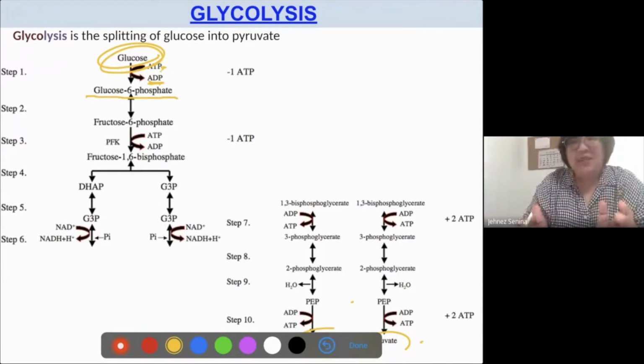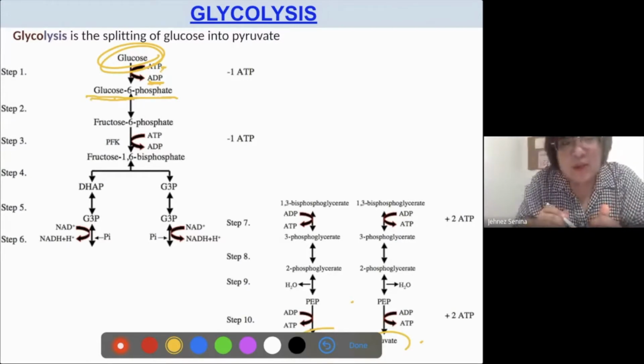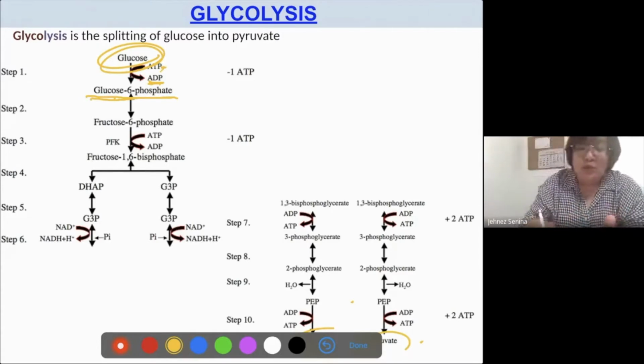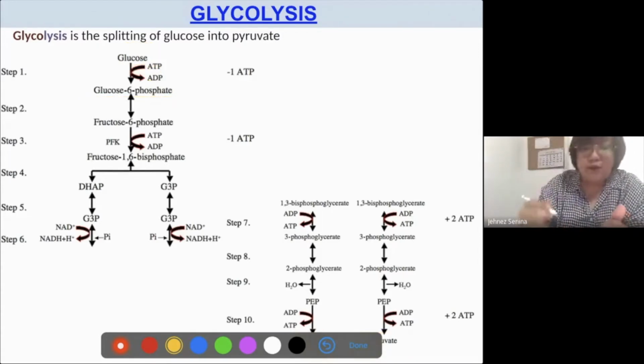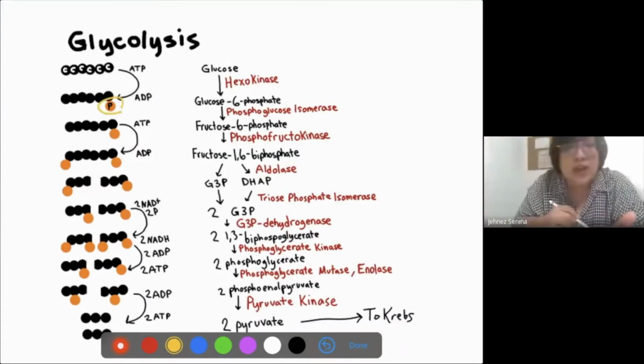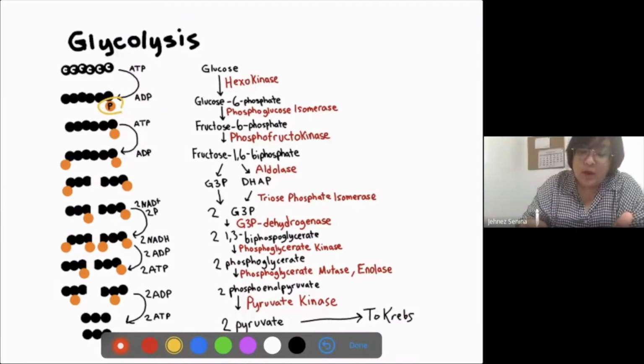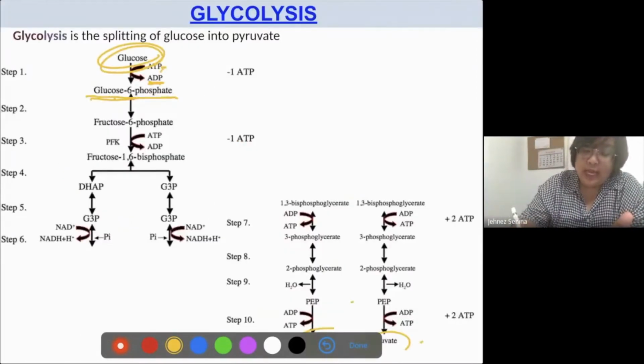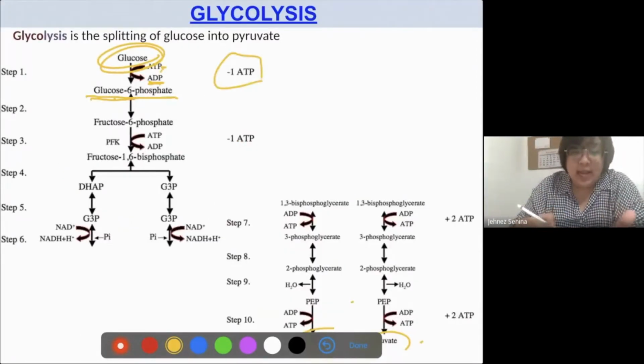Where did the phosphate go? To glucose. That's why the molecule is called glucose 6-phosphate. You added a phosphate to glucose. That's an example of substrate level phosphorylation. So we use 1 ATP. Okay, next.